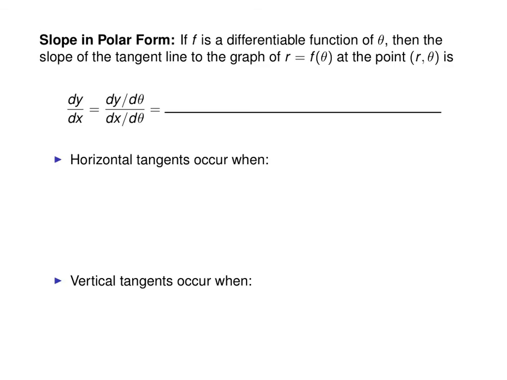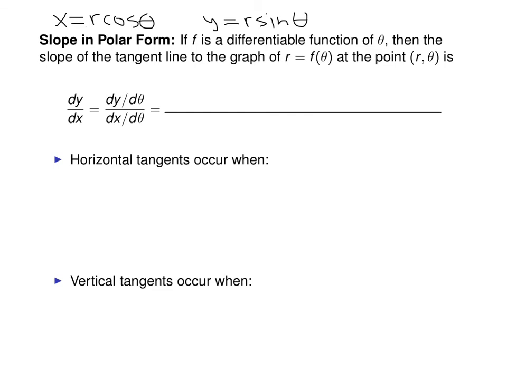Now, using the product rule, so remember that we had x equals r cosine theta, y equals r sine theta. So the derivative of y with respect to x is dy d theta over dx d theta. We did the same thing just with t's in a previous section.